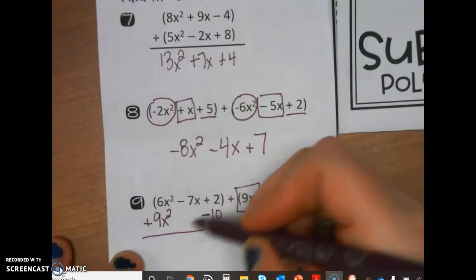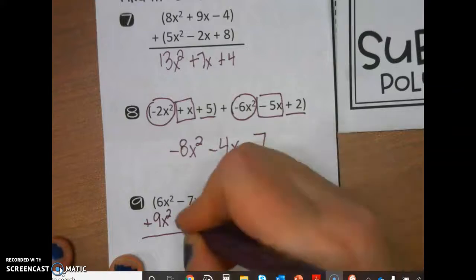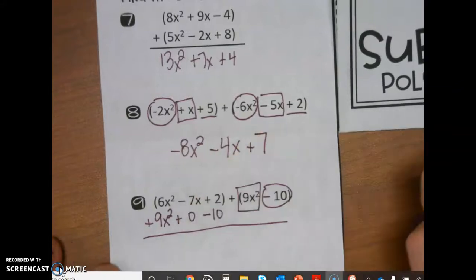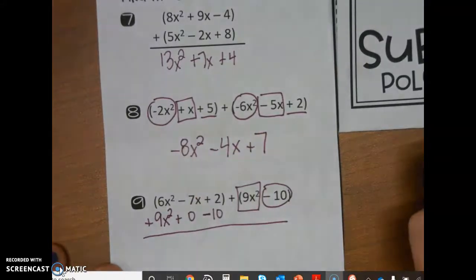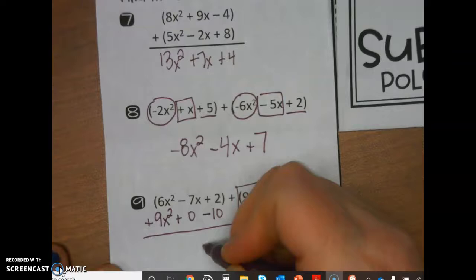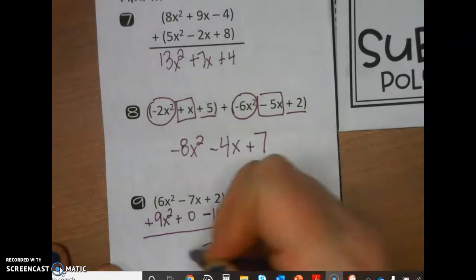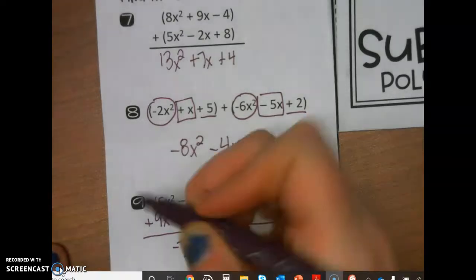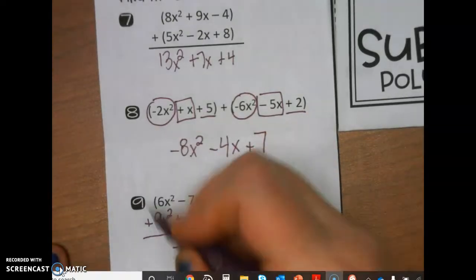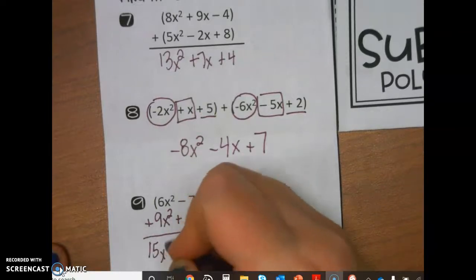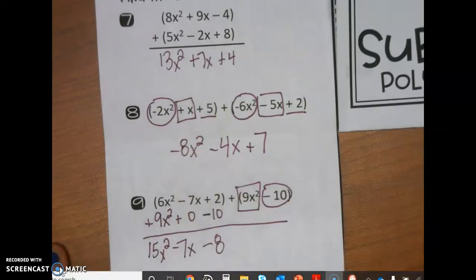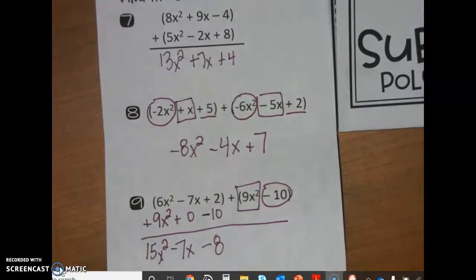Now, I don't have anything for the -7x. So can I just put +0 as a placeholder so I don't mess up? Yes, please do. So we've got -8, -7x. 6 and 9 is 15x squared. Okay? Ta-da!